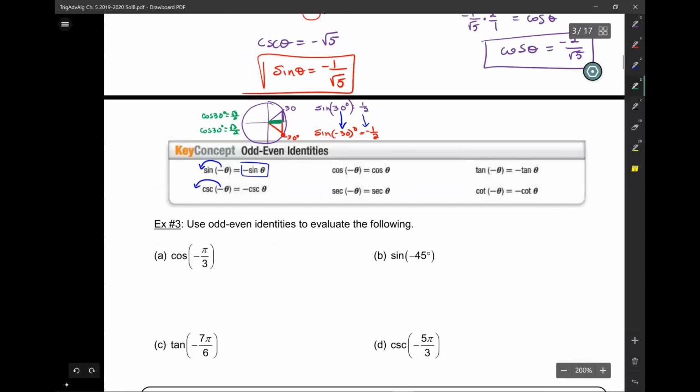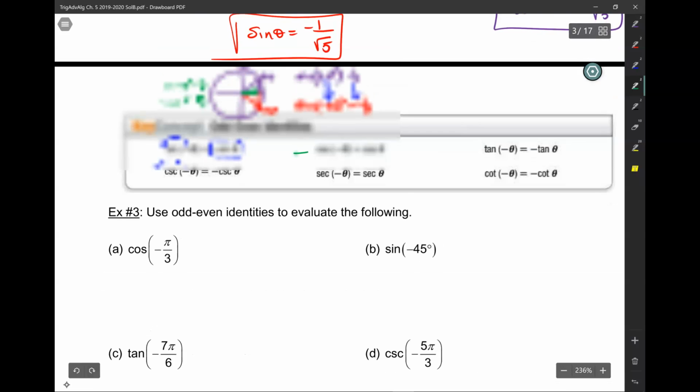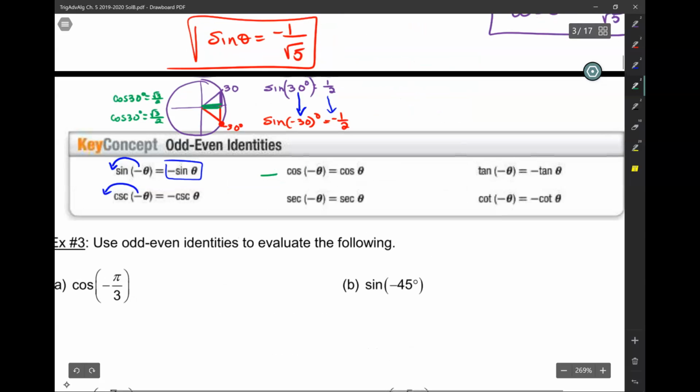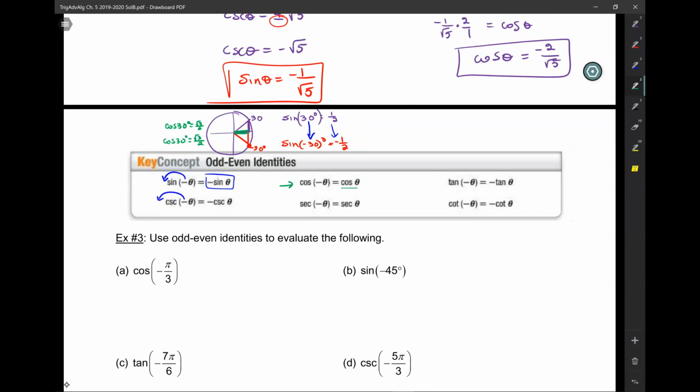So how do we use that in here? Okay, if I have cosine of negative theta, the negative just gets engulfed, and I end up with just cosine of theta. And because secant is the same, it engulfs the negative, so secant of negative theta is just secant theta. No negative.